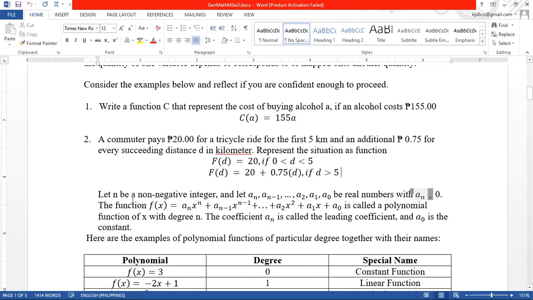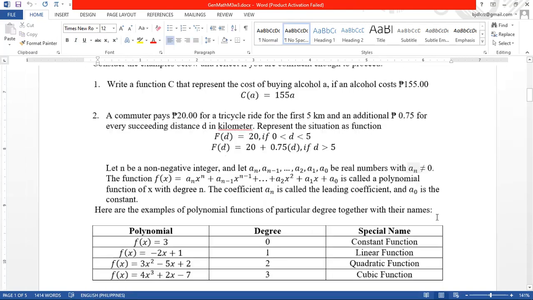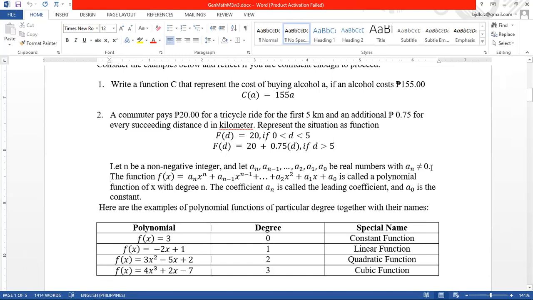Okay, next. Let n be a non-negative integer and let a sub n, a sub n minus 1, and so on, a sub 2, a sub 1, and a sub 0 be real numbers with a sub n not equal to 0.